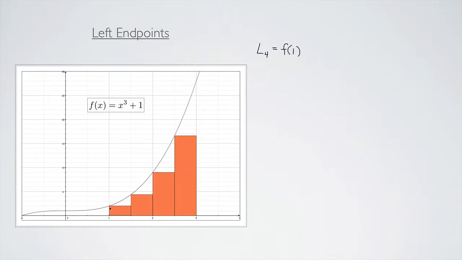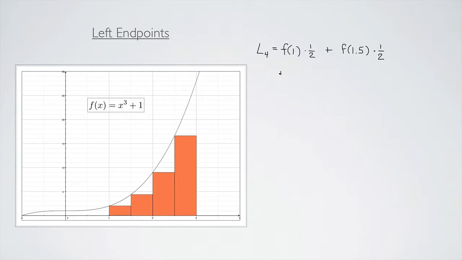If you see here, that smallest rectangle, the height is determined by where the function meets with the top of the rectangle. So that's the value of the function at 1 times the base of the rectangle, that's a half. Plus the next rectangle, rectangle number 2, the height is the value of the function at 1.5, and then the base is again a half.